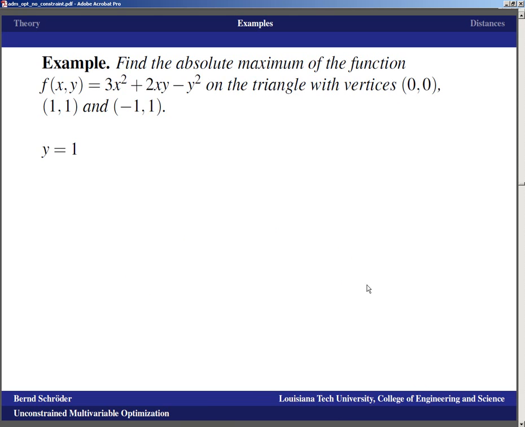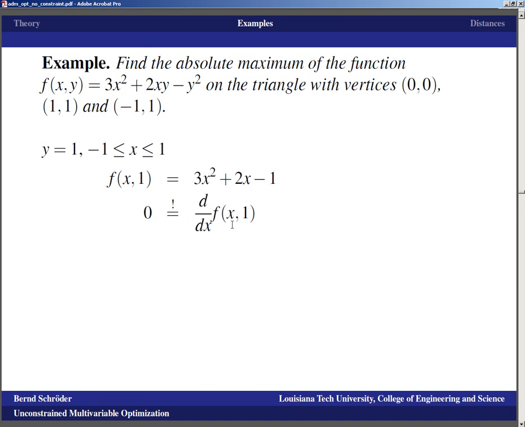For the boundary curves, well, basically we've got the horizontal line where y is equal to 1. Well, when y is equal to 1 and x is between −1 and 1, we would need to investigate the curve f(x,1), which will be 3x² + 2x − 1. And that's a curve for which we can just find the extrema with regular single variable calculus.